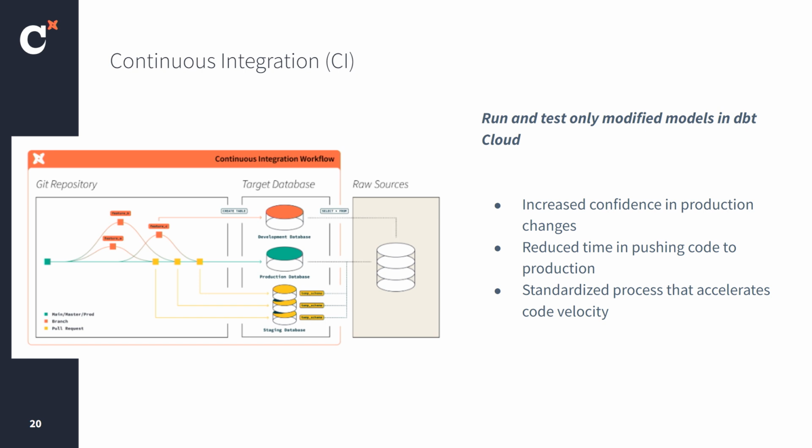This will increase your overall confidence in any production changes. It will also reduce the time in pushing any code to production and really allows you as a data practitioner to standardize the code and accelerate any development that you need to do within DBT Cloud.